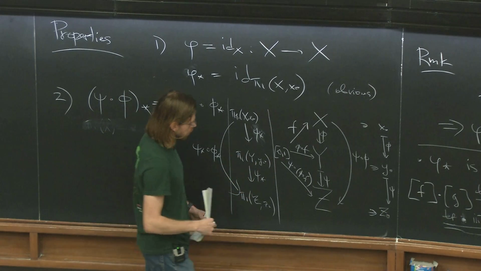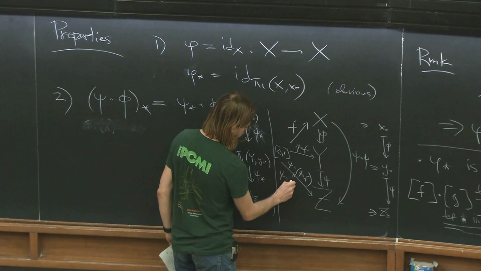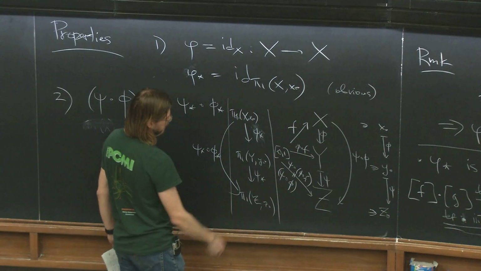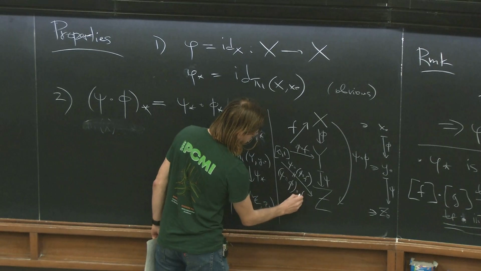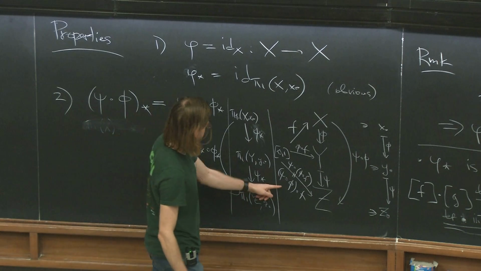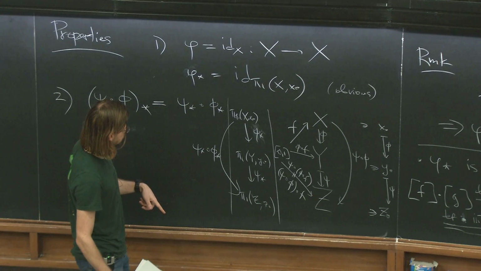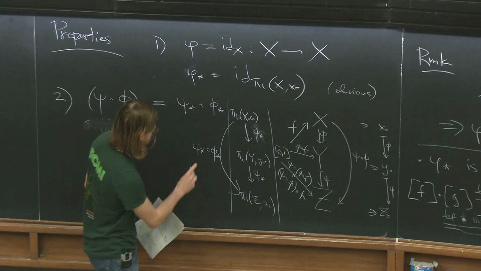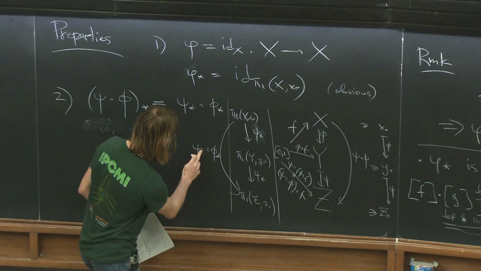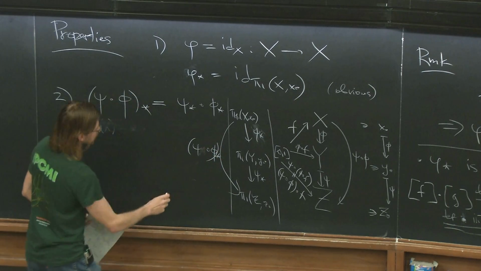But this composition can be done in a different order. This is just the usual composition of functions. So we can first compose psi and phi, and then compose it with f. But this would correspond to the action of the, sorry, here actually I wanted to write this. Yeah. Otherwise it would be tautological.